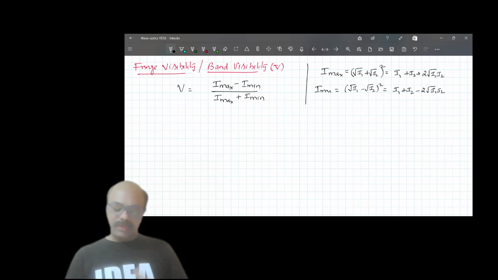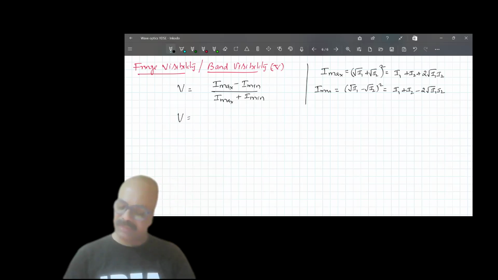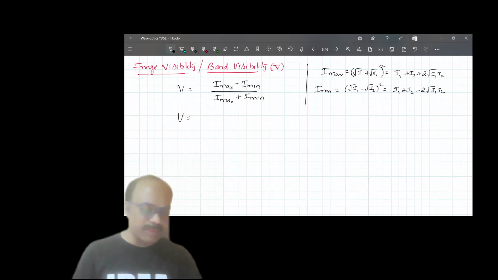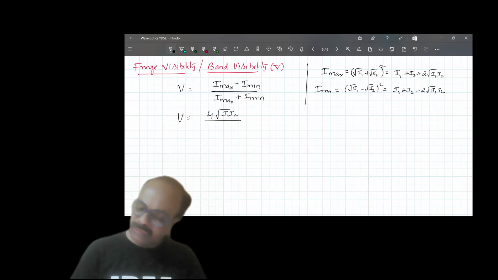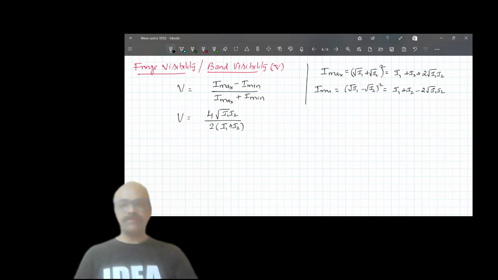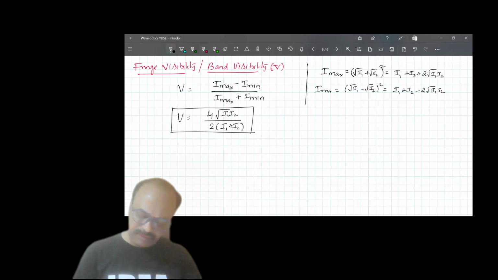If you take the difference, these two get cancelled and it becomes 4 times root I1 I2. In the denominator, if you add, these two get cancelled and it becomes 2 times (I1 plus I2). So this is the formula to find the fringe visibility.